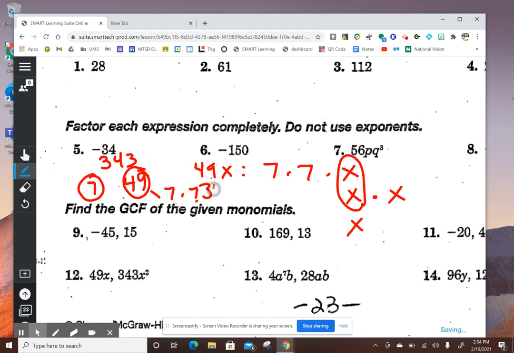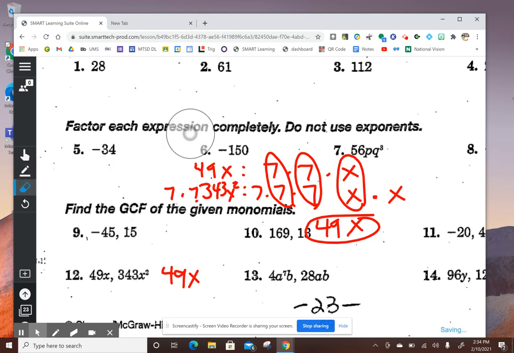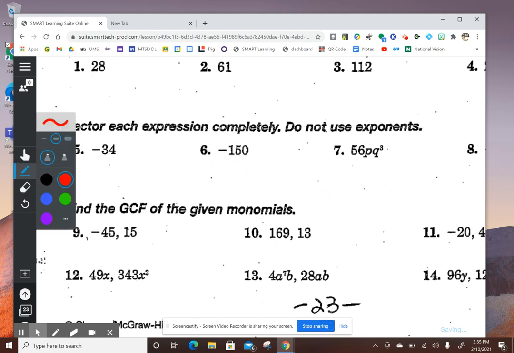So 343x squared is 7 times 7 times 7 times x. So I circle the 7, the x. So the GCF is 49x. And again, like I said, you probably could have done that in your head if you knew 7 cubed was 343. But if you don't, you could have figured it out.